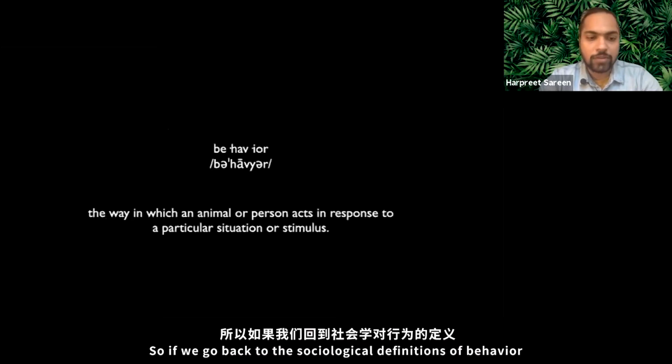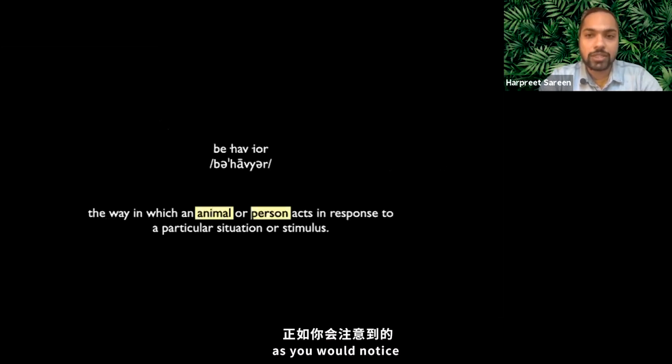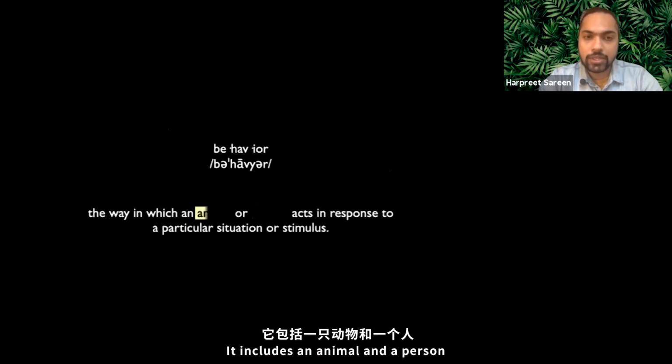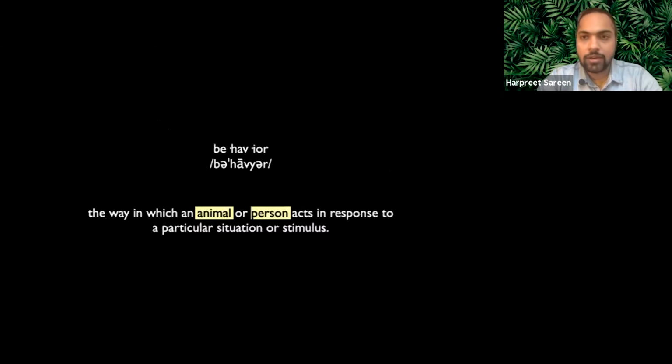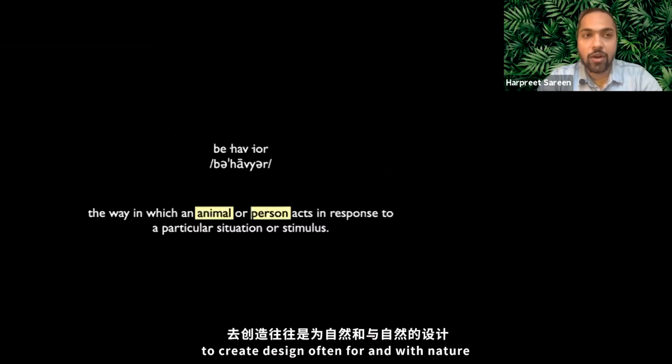If we go back to the sociological definitions of behavior, you would notice it's not restricted to a person, it includes an animal, and that means an organism as well. So in my latest work, I analyze plant and animal behavior to create design often for and with nature.